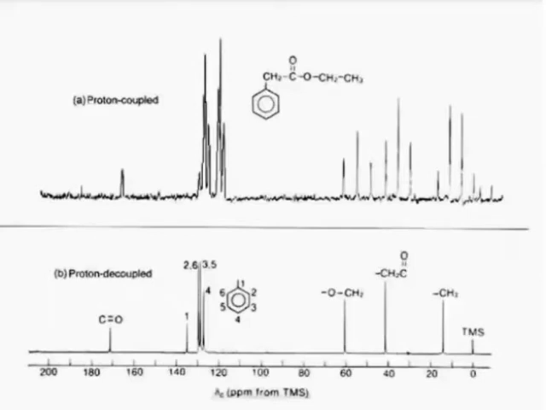The spectrum here at the top is a C13 spectrum without the proton decoupling. So what you're seeing here is a signal due to each carbon, but each carbon split into a multiplet by the hydrogens directly bonded to it.